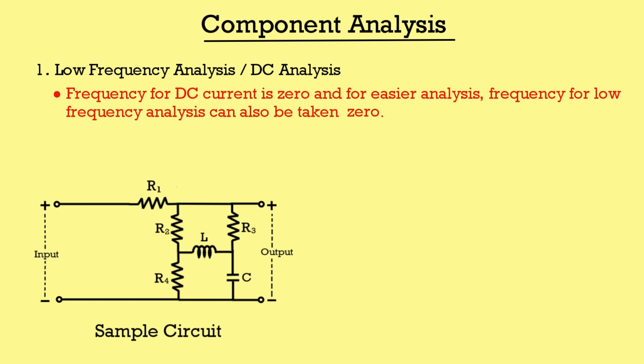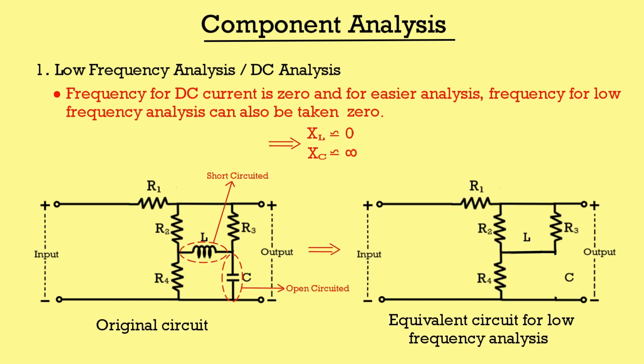And for our ease, at low frequency analysis, we also take frequency equal to 0. Therefore, inductor impedance at low frequency will be approximately equal to 0, whereas capacitor impedance will be very high, leading to infinity. So, if we convert this circuit for low frequency analysis, then it will convert into this circuit.